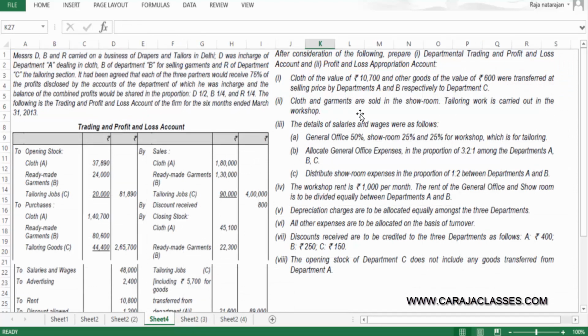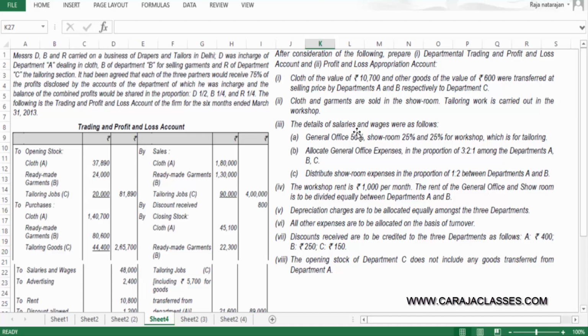Number 2, cloth and garments are sold in showroom, whereas tailoring work is carried out in the workshop. Now, this information is going to help us find something. The details of salaries and wages are available. We know the salaries and wages are 48,000. Now, this 48,000 has to be split.